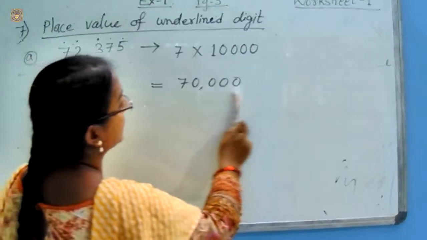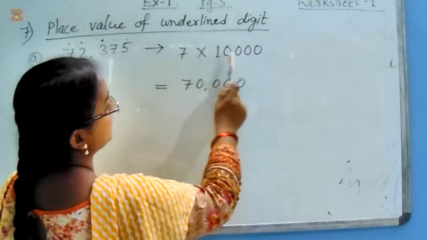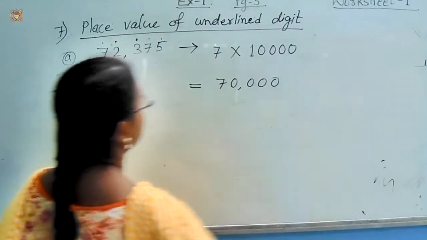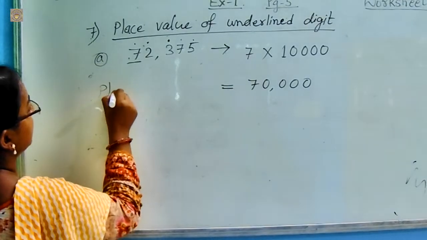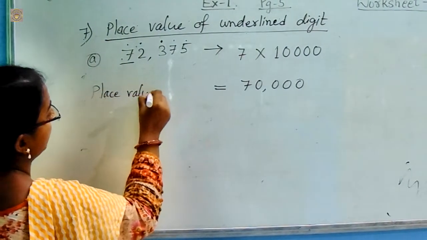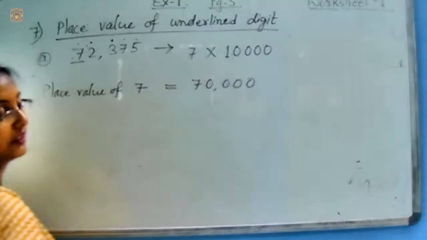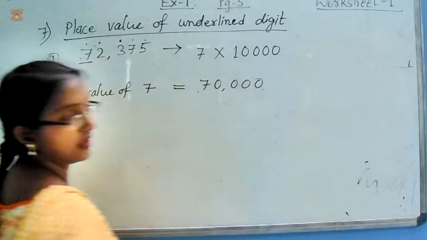So it is 7 multiplied by 10,000. So the place value of 7 is 70,000. It can be written as place value of 7 equal to 70,000.